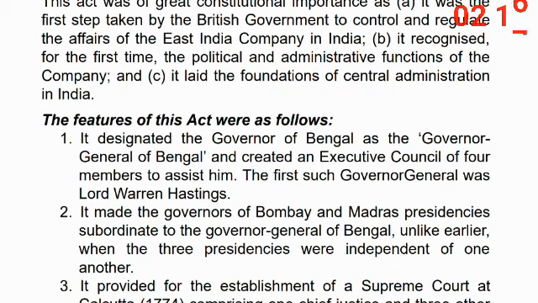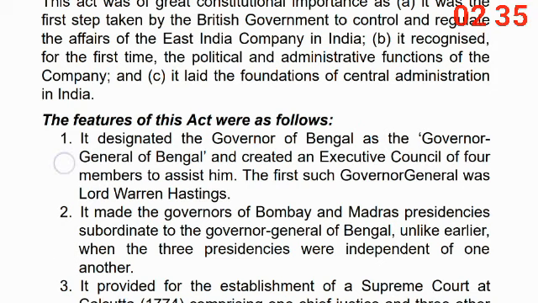It designated the Governor of Bengal as the Governor General of Bengal and created an executive council of 4 members to assist him. The first such Governor General was Lord Warren Hastings.